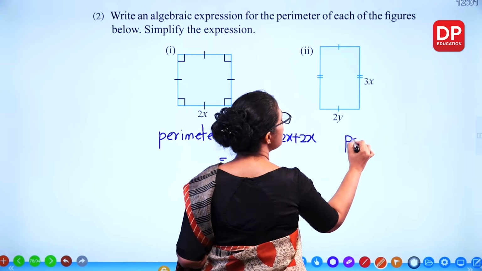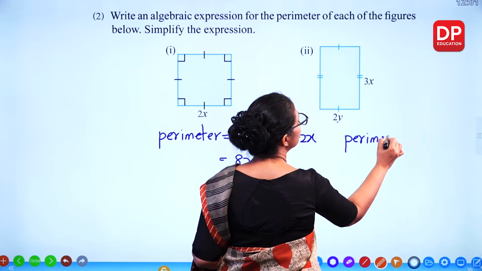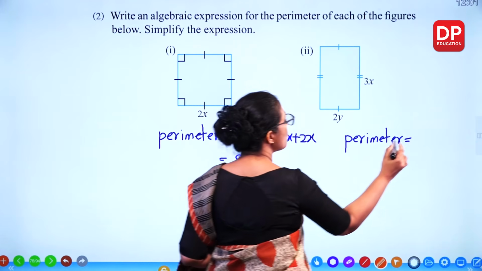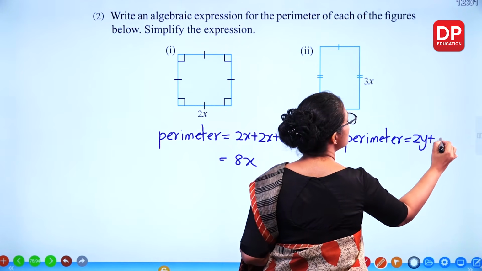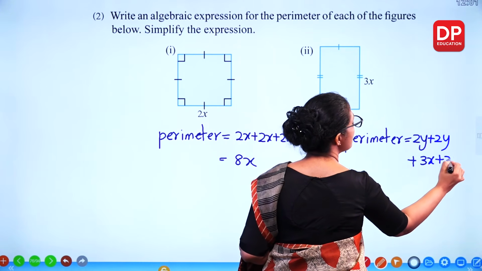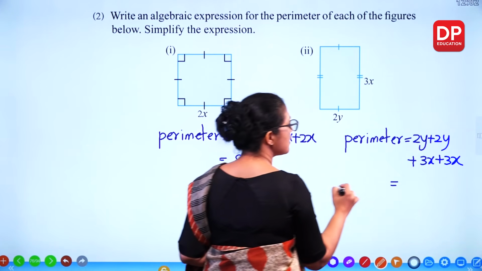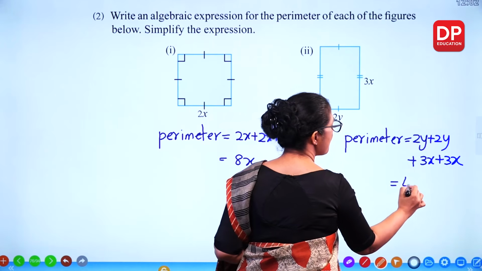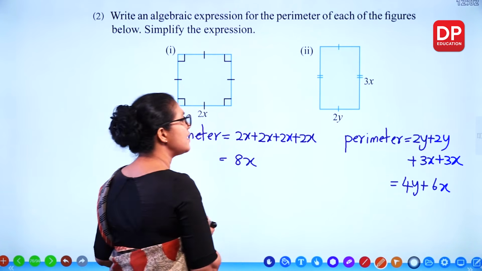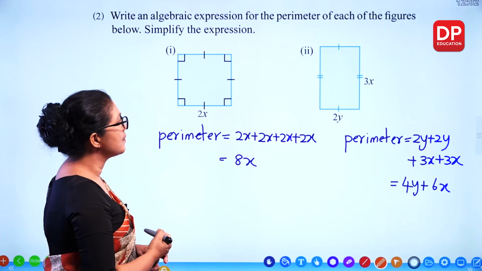So what's the perimeter? 2y, another 2y, 3x and another 3x. So when you add it, you get 4y and 6x. 3 plus 3, you get 6x.